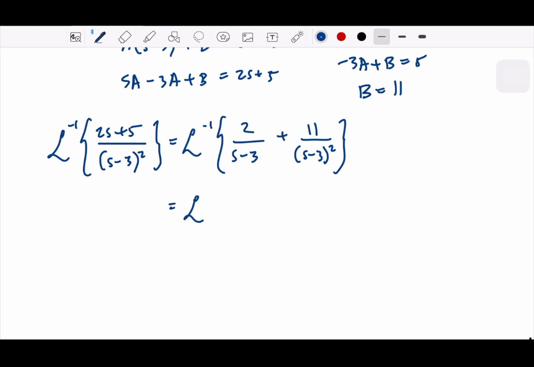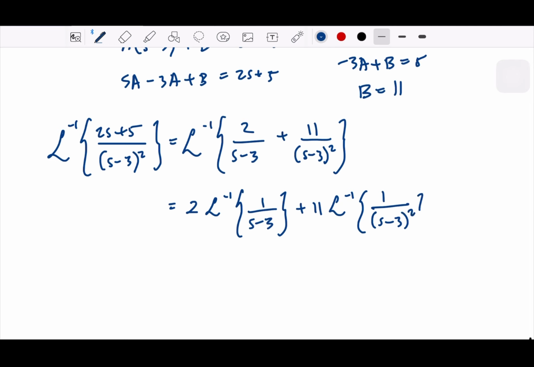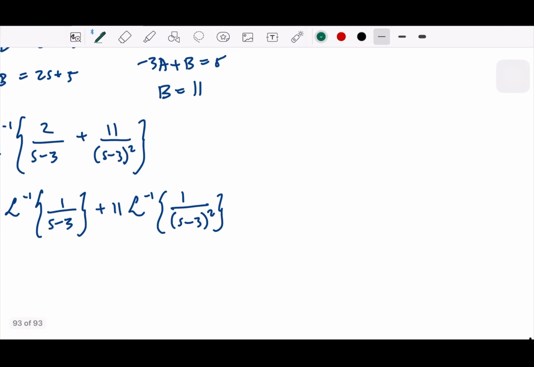Now we can take this part one by one. We can take 2 times the Laplace inverse of 1 over (s minus 3), plus 11 times the Laplace inverse of 1 over (s minus 3) squared. Maybe let me use a different color to give you notes. So the Laplace inverse of 1 over (s minus 3) squared, what will it be? We can think of this in the original terms.